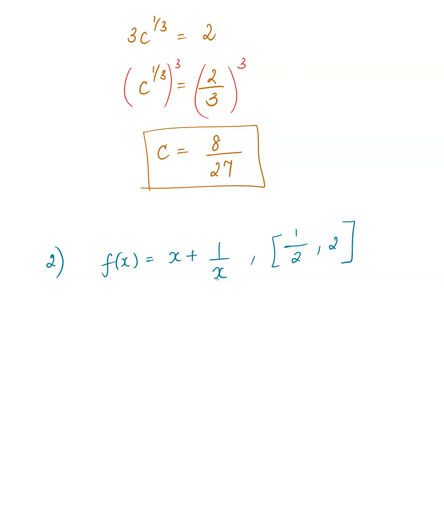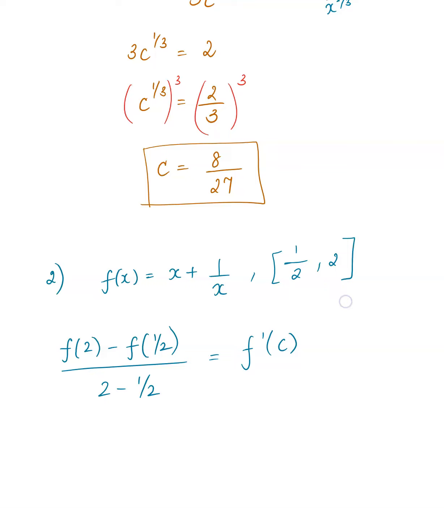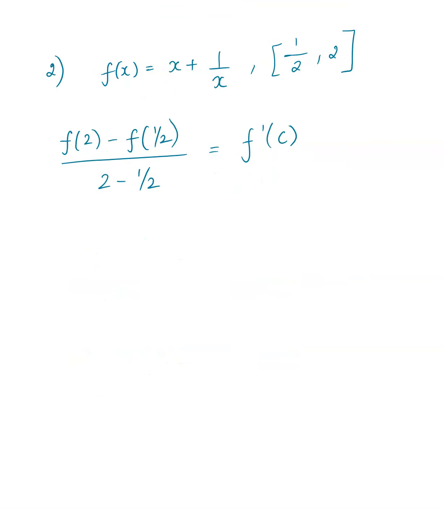You know, it's a rational function, so it's going to look different, but again, focus only on the closed interval, half to 2, and see if things are good there. And if things are good, which it is, then you'll find that f of 2 minus f of half over 2 minus half will be the same as f prime of c, and we need to find that c, isn't it?